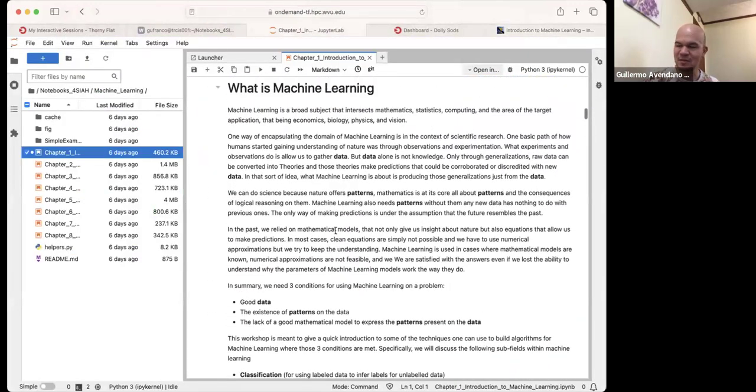So the reason why we select machine learning is because this area is not constrained just to computer science or a very narrow area of science.